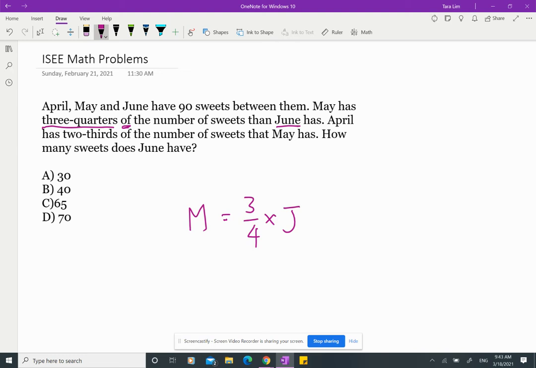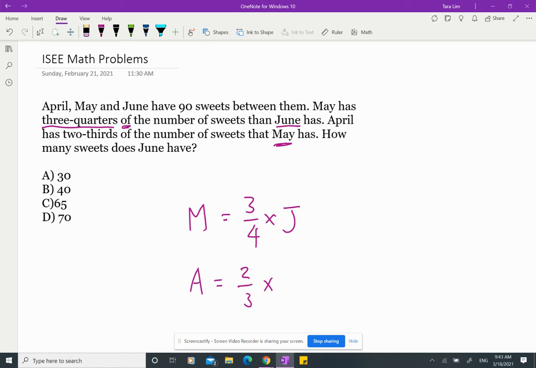And now for April. April has 2/3 of, again, times the number of sweets than May has. Now this time we cannot write times J because it's saying May, not June.